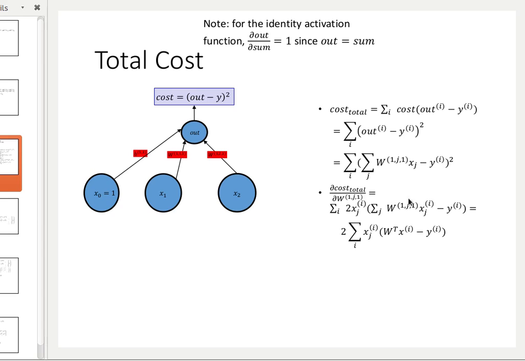So this is what we get. We get 2 xji times the original function without the square, which is just equal to this. So here I went back and rewrote this expression as just w transpose times xi.